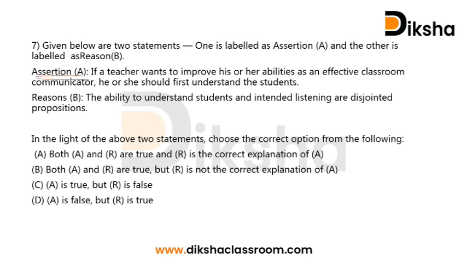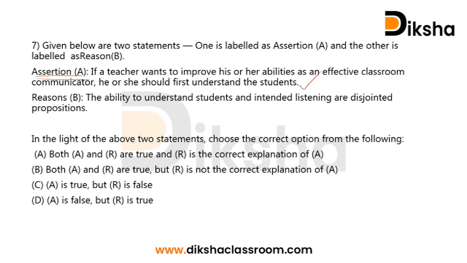In order to communicate effectively or to convey ideas and information more effectively to the students, the teacher must understand the students first. Because knowing the audience helps in making the communication process much more interesting and thoughtful. So as we know, the given assertion statement is true.